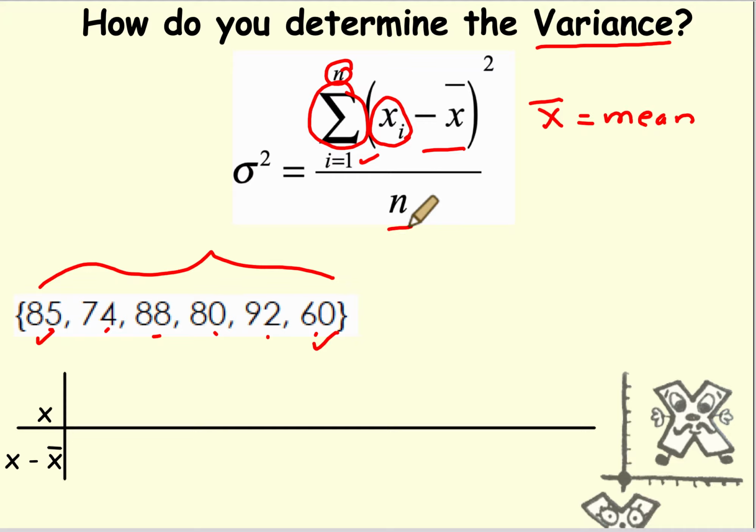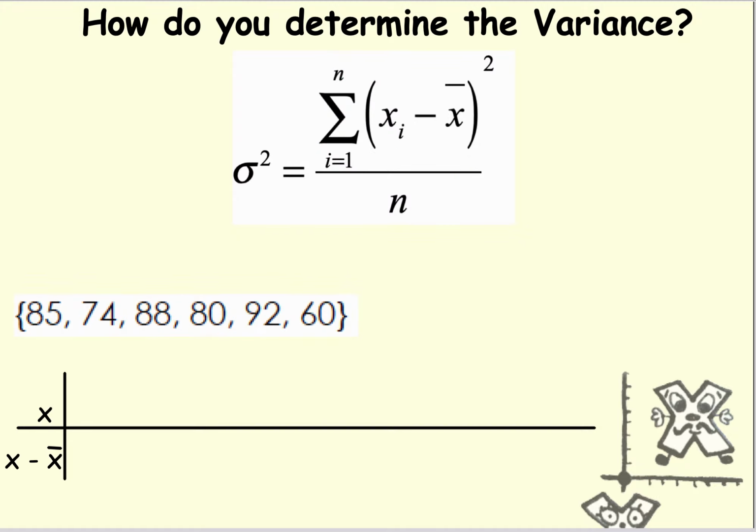So what we're going to do is first figure out what all of those values are, and then add them together. I like to organize this in a chart. If I have 85, I can't do anything with it until I figure out the mean.